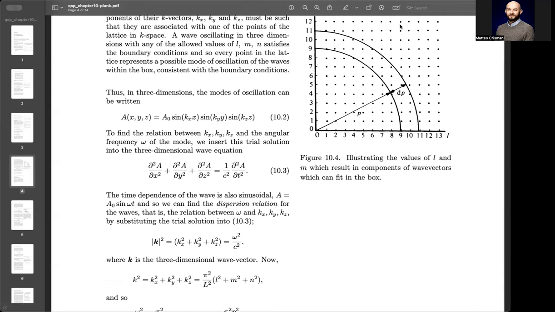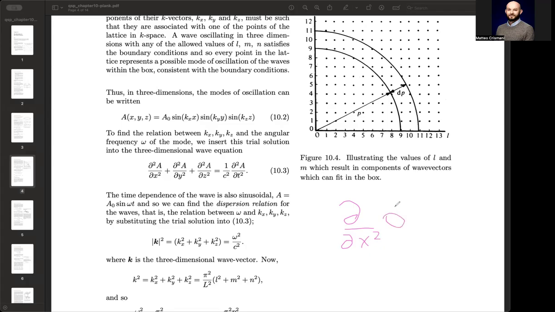So the wave equation, let's see if I can annotate here. Generally speaking, oh yeah, this works. Okay, undo that one. Sorry about that. We're going to try our best here. So this is the wave equation in two dimensions.